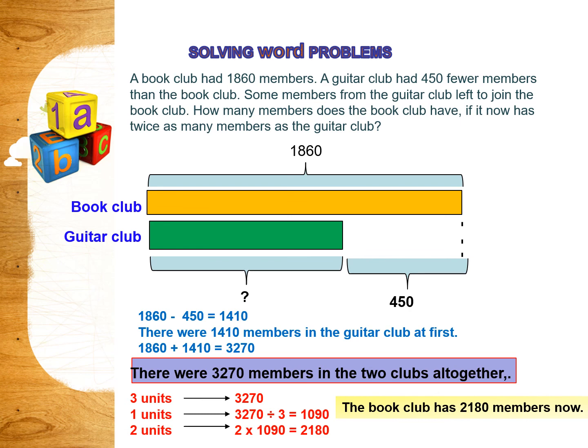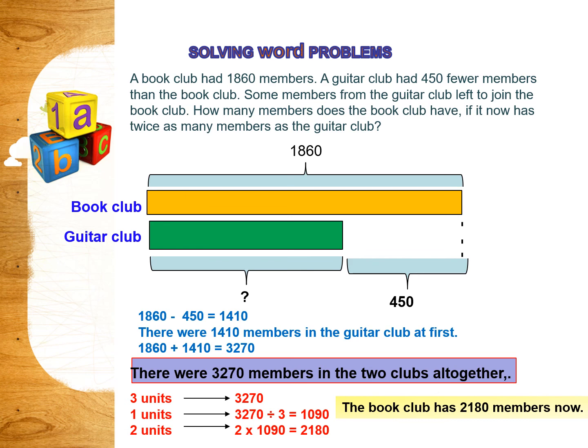How many members are there in 1 unit? So what to do? When you find the 1 unit, you have to divide by 3. They have 3270 members. So 3270 divided by 3. Then how many members in that 1 unit?